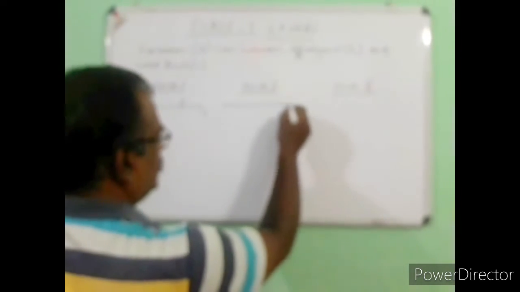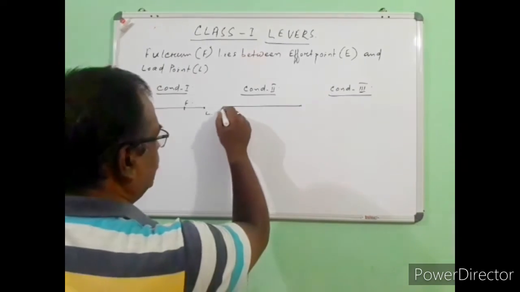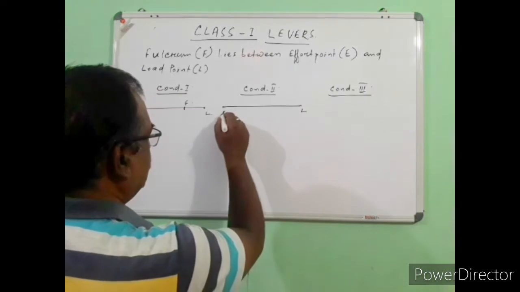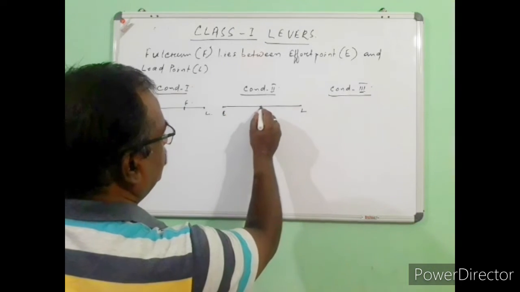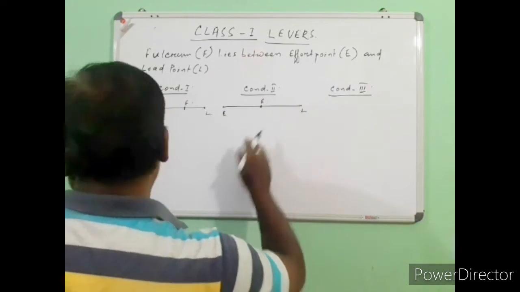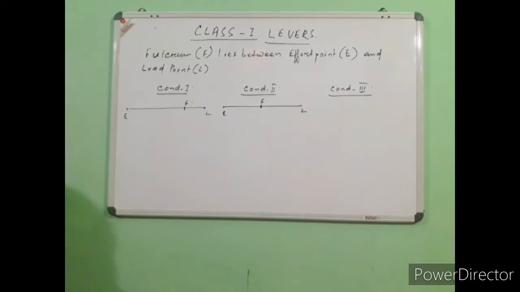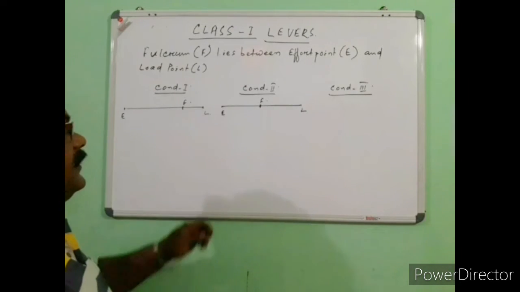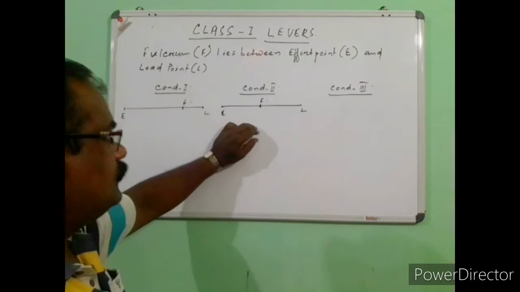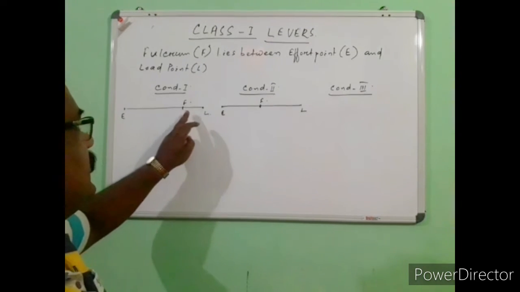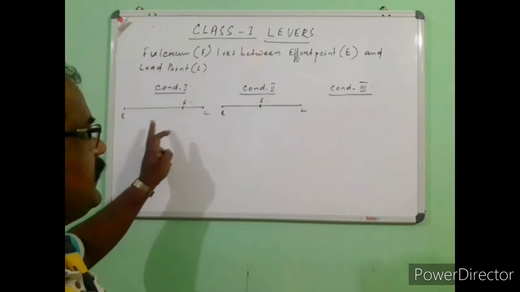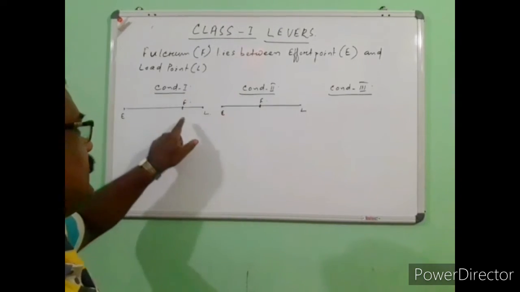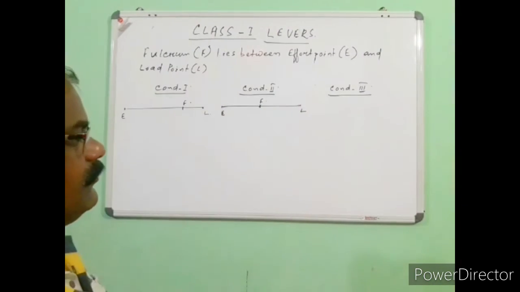Similarly, condition number 2, where we find that the load and effort are at the extremes and the fulcrum lies right at the middle. In condition number 1, the fulcrum lies between the load and effort and is very close to the load.